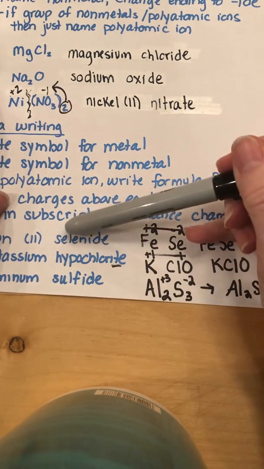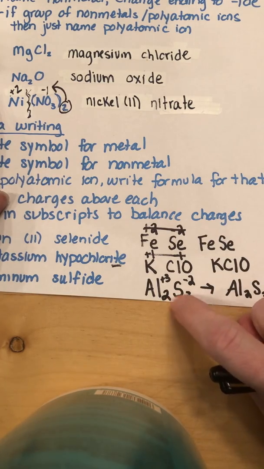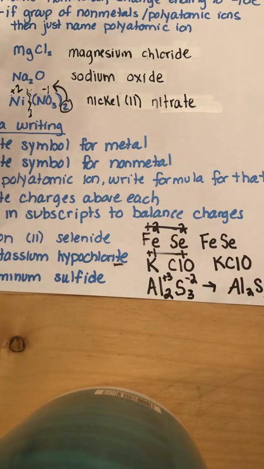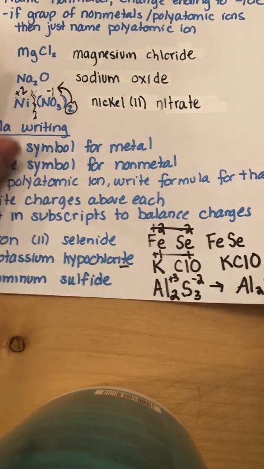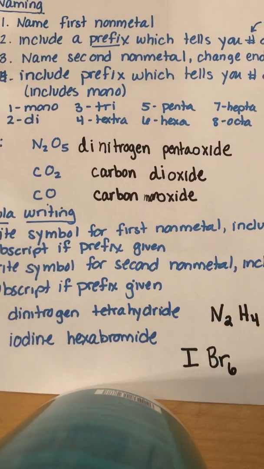So the charges you get from the periodic table go on top, the subscripts you write in go on the bottom, and that's after you do the math that's involved in it. And that's another thing that students will sometimes confuse because that's a big difference between covalent and ionic. So hopefully that helps.